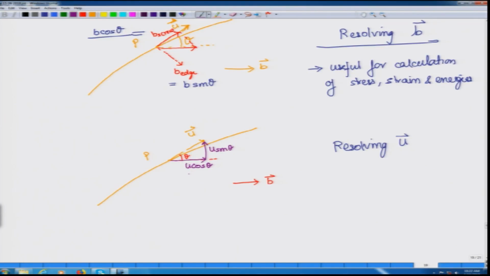The part which is perpendicular to the Burgers vector represents the effective extra half plane, and this part, u cos theta, represents the effective screw component.